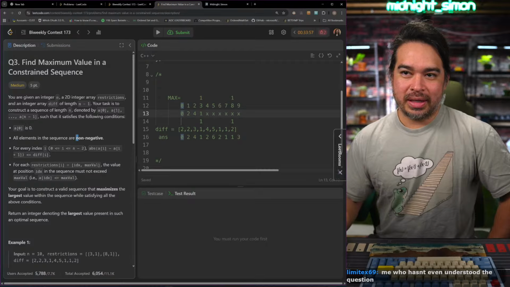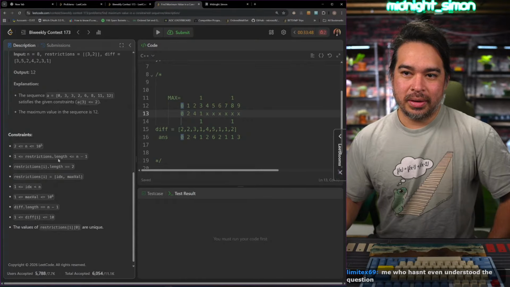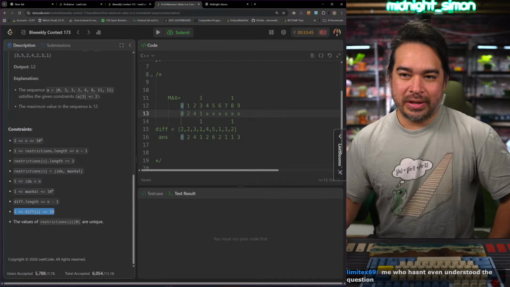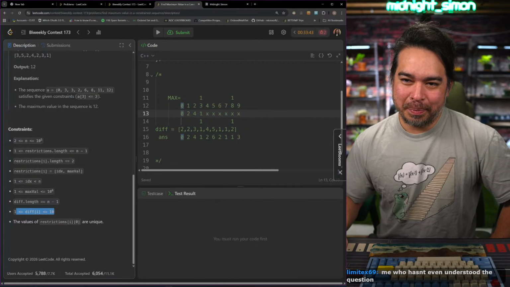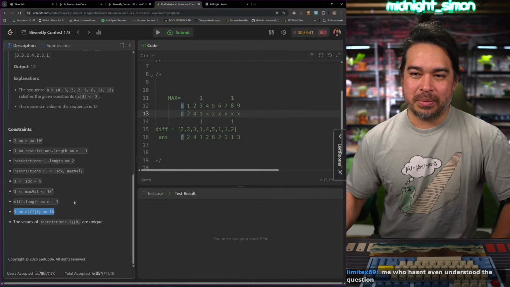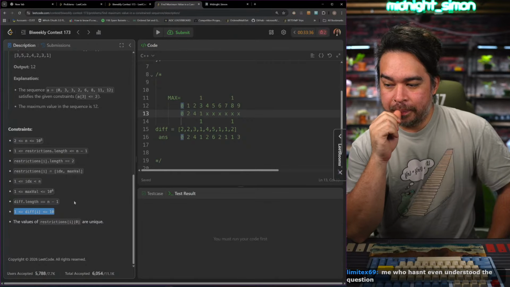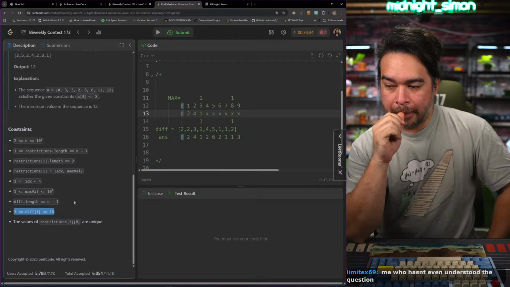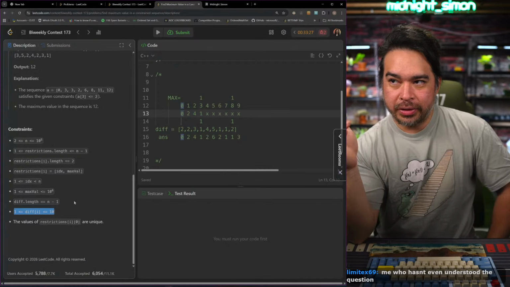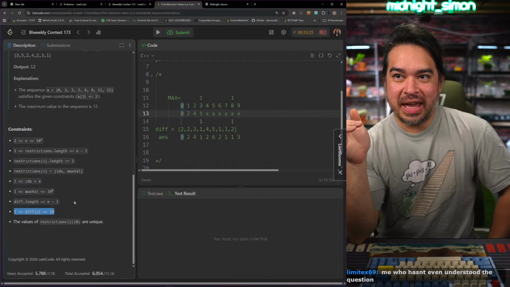All the elements in the sequence are non-negative. That's also a hint. Maybe I should try to remember. The diffs are only 10. I feel like this is a big hint as to what's possible in my algorithm. Alright. I'm gonna do a take it or leave it.